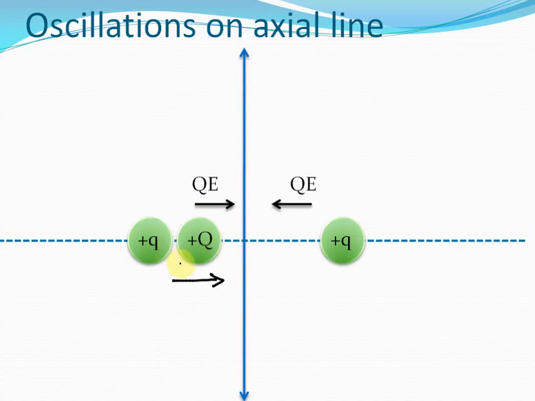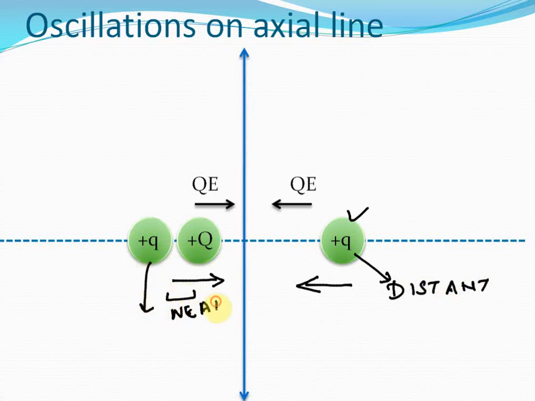This small charge plus q on the right also exerts a force towards the left on the charge plus capital Q. But that force is very less because this plus q charge is very distant, compared to this plus q charge on the left, which is near this plus capital Q charge. So the force because of this charge here dominates, and so the net force on this plus capital Q charge is towards the right.